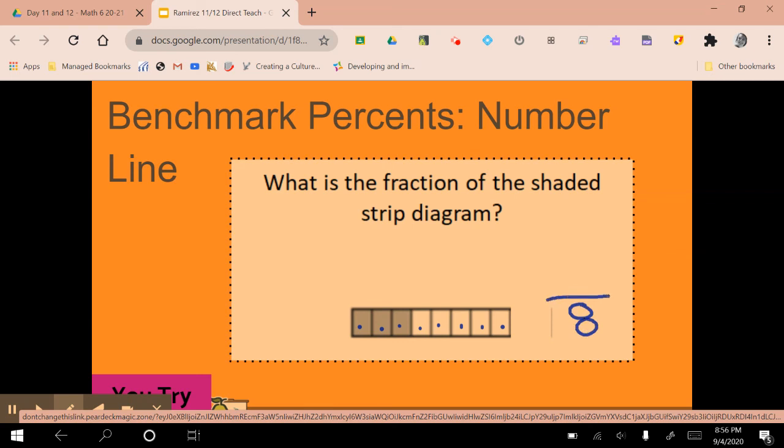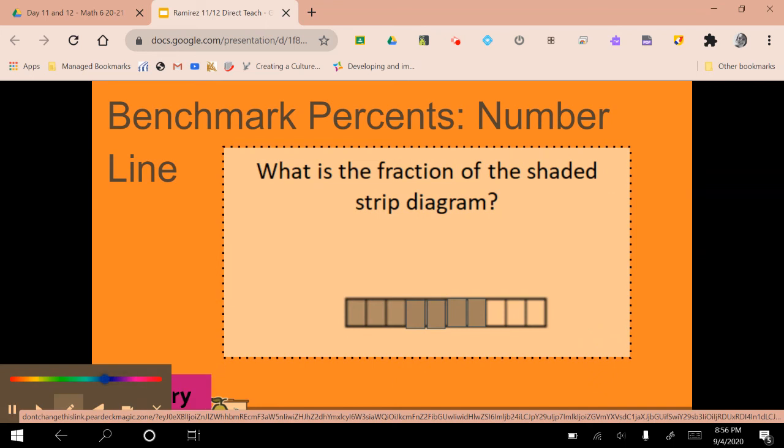It's asking about the shaded. How many are shaded? 1, 2, 3. 3 of the squares are shaded. So the fraction of this shaded strip diagram is 3 out of 8. That will be our final answer.